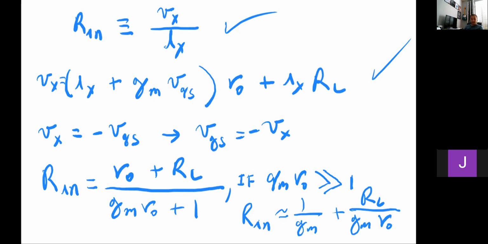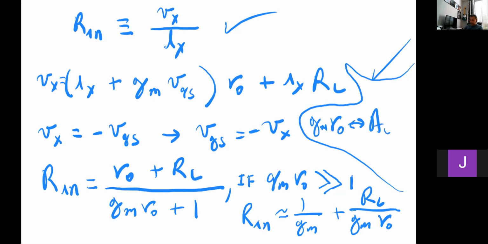Okay? And then I have a relationship, because gm times ro is related to the gain. Okay?